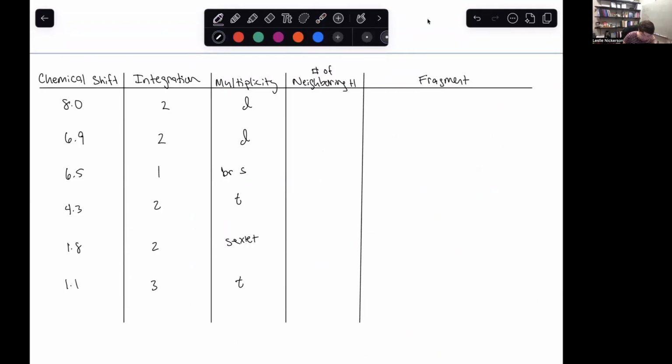So if I've got a multiplicity of a doublet, that means I've got one neighboring hydrogen. So this is also going to be one there. Broad singlet, that's going to be an unknown number of neighbors.